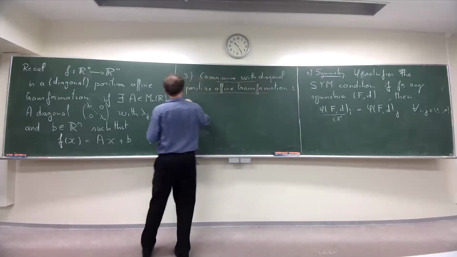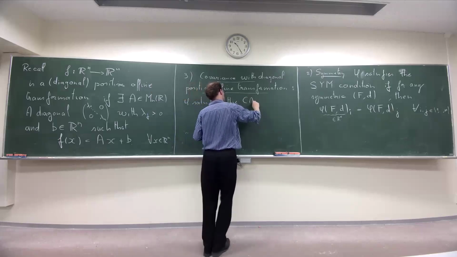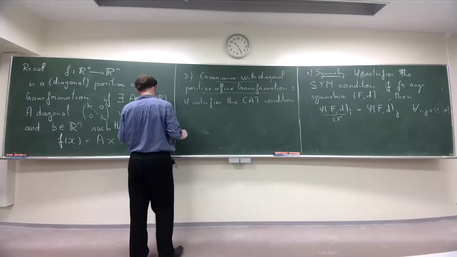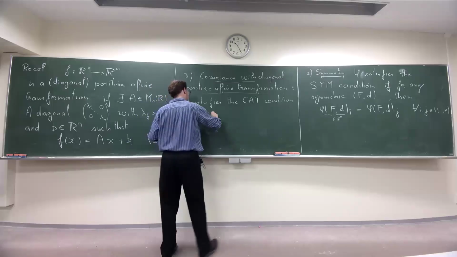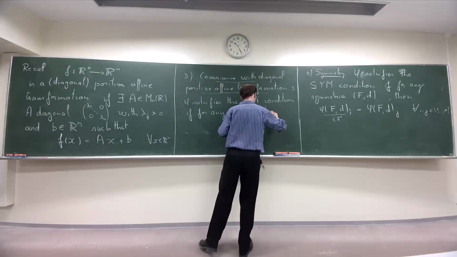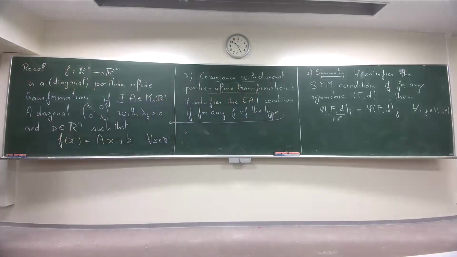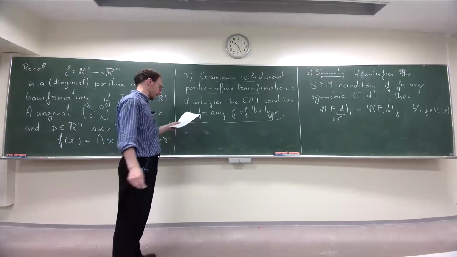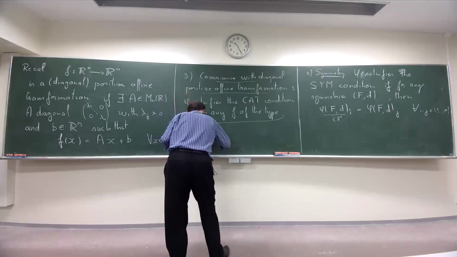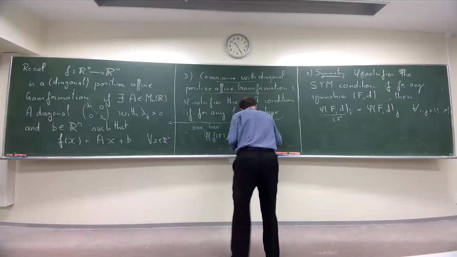So we say that phi satisfies the covariance condition if for any f of the type mentioned here, which is a diagonal positive affine transformation, one has phi of f of capital F, f of D is f of phi of F, D.